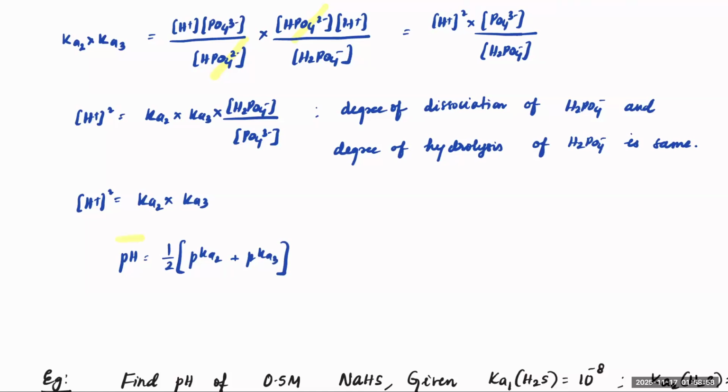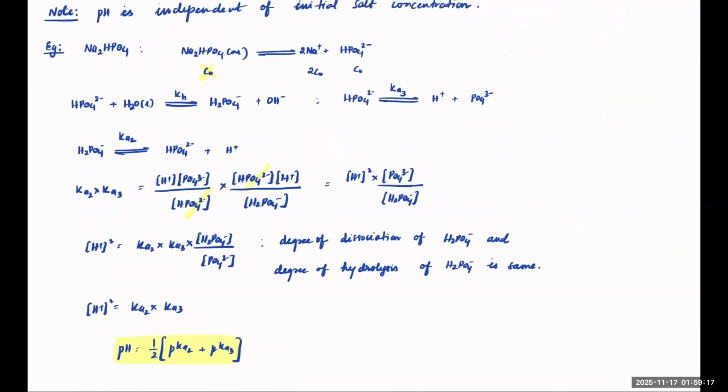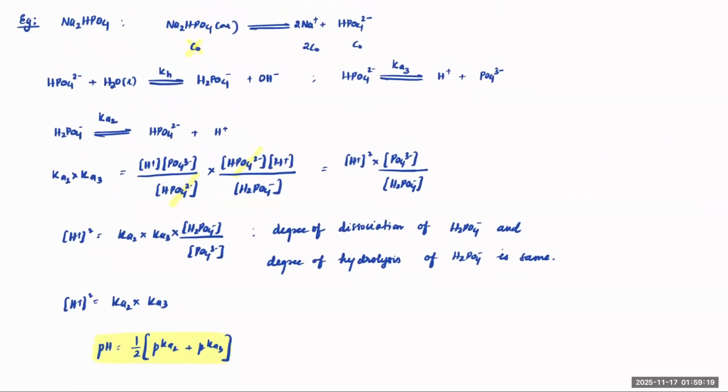So this would be the correct answer, or much closer values to the actual experimental amount. So this is how you calculate the pH. So I guess all of you understood this point. The derivation is very much same as what we did for bicarbonate. There it was pK1 plus pK2 by 2. Here it is pK2 plus pK3 by 2.